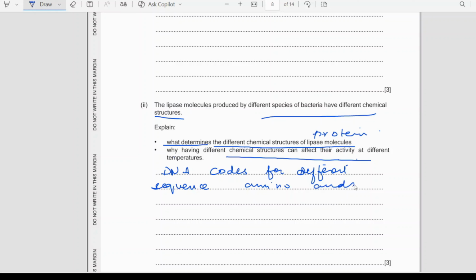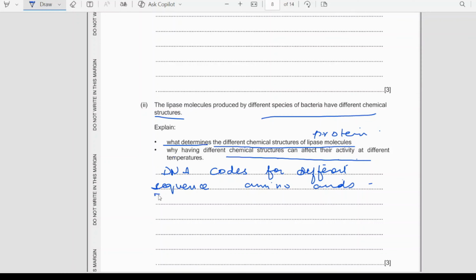Amino acids. Okay, then these amino acids, good, have specific shape or active site.